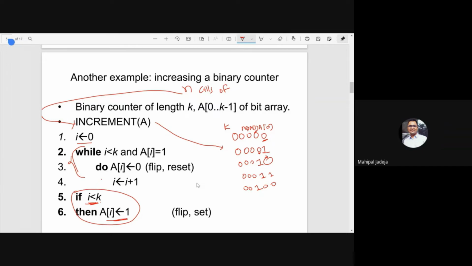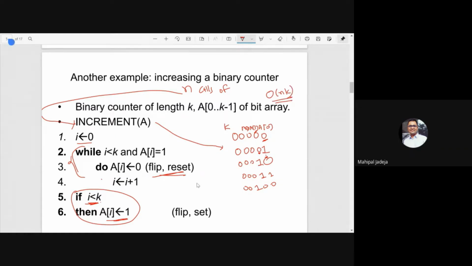And in the worst case, how many bits can we reset? This is corresponding to reset. So k minus 1. So order of k, right? And so that means, can I say order of nk, if we perform our traditional analysis?